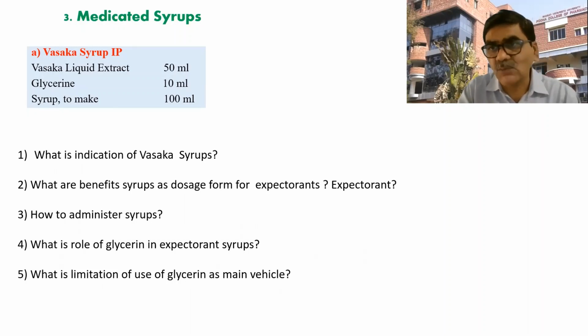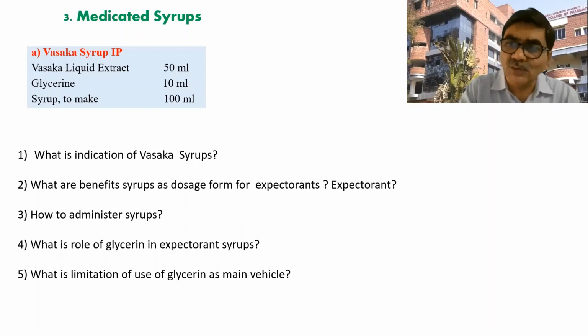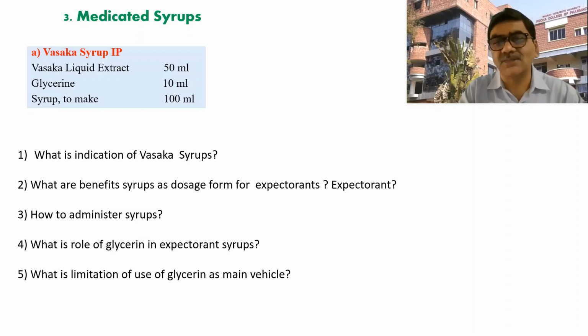How does it remove the mucus? It may contain some volatile principles which dilute the mucus, and which may dilate our bronchioles, like a bronchodilator, which will help to expel the mucus. What is there in the Vasaka which has the expectorant action, and what is an expectorant? This is expected at the first year.